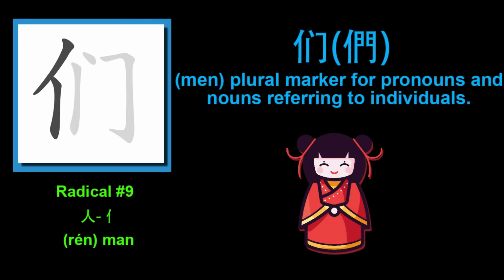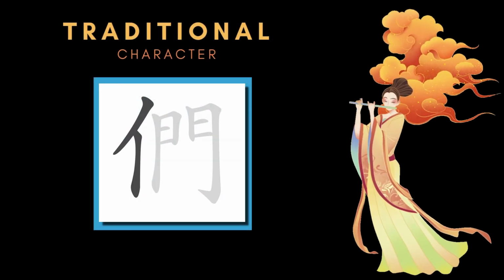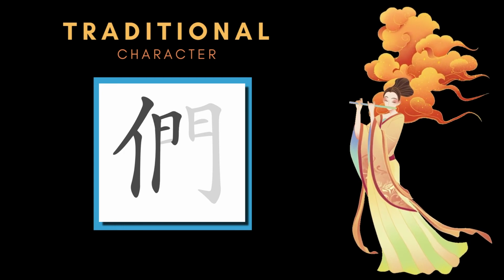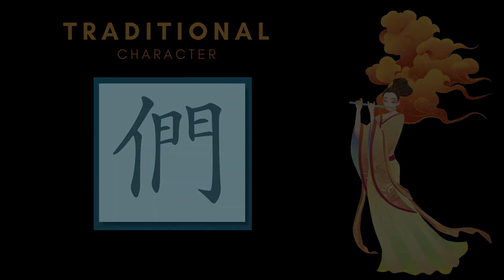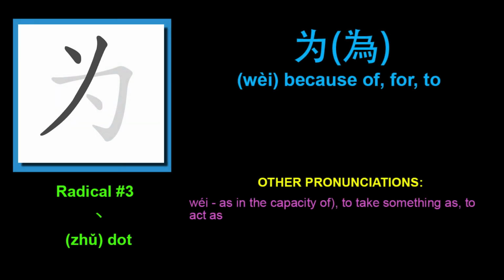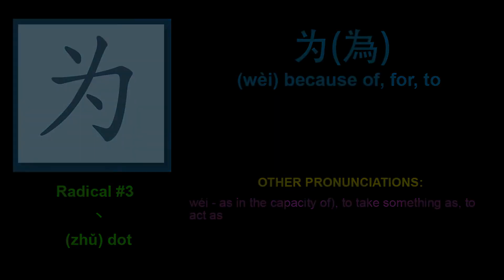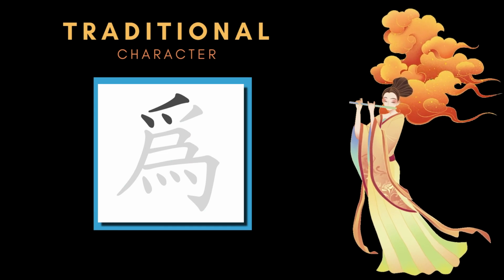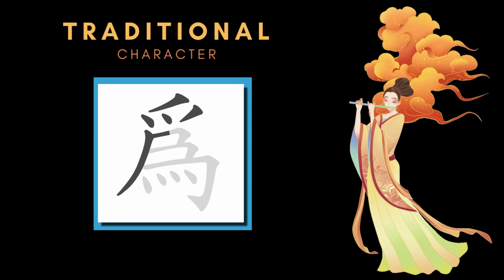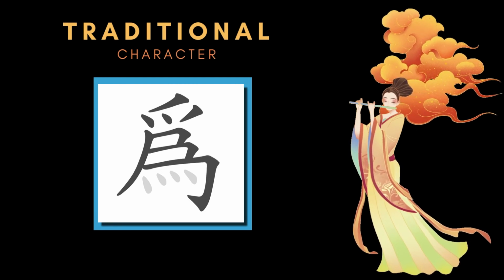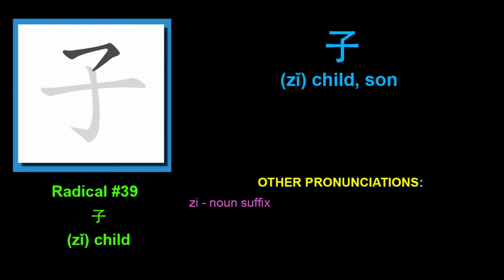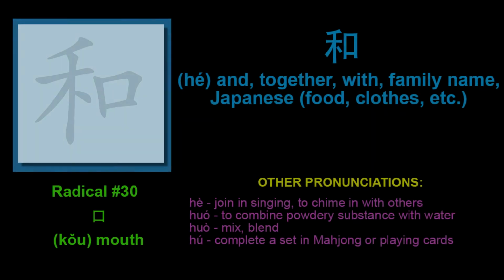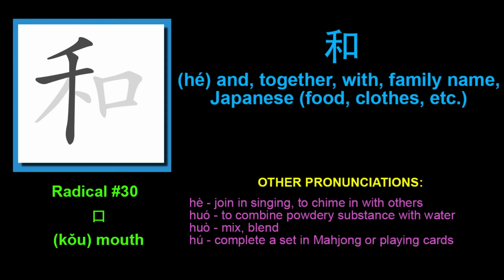Men, plural marker for pronouns and nouns referring to individuals. 为, because of, for, to. 子, child or son. 和, and, together, with, family name.